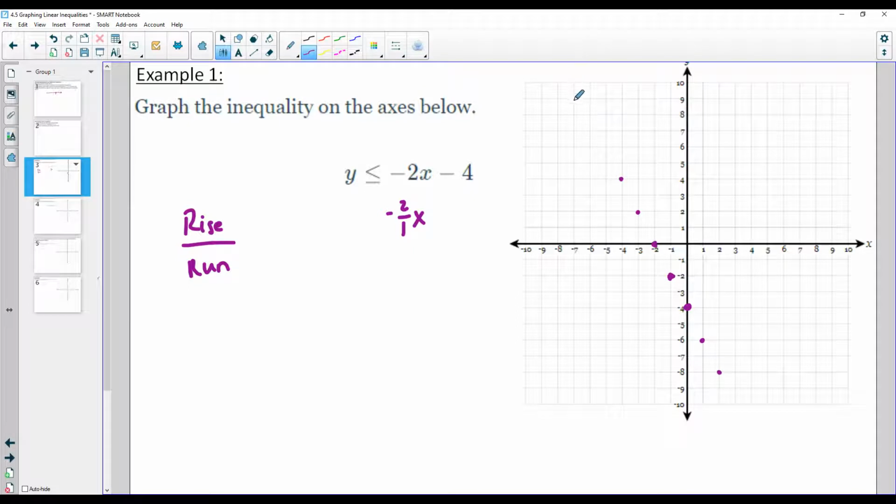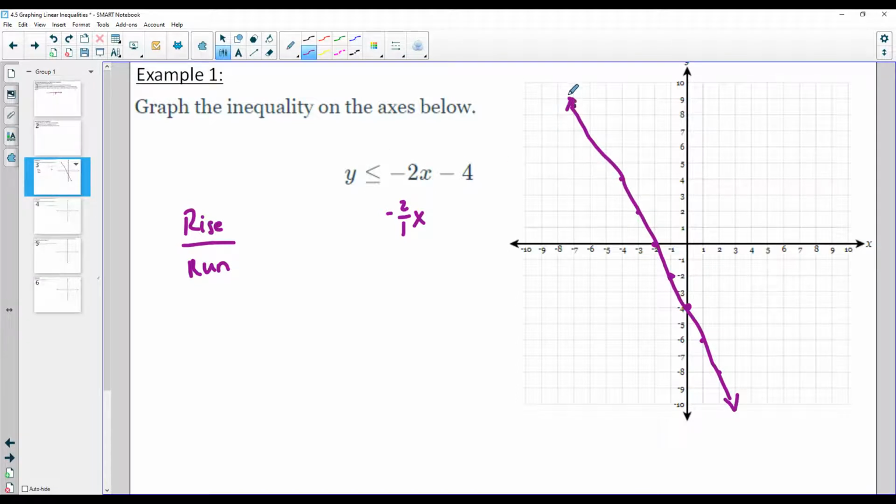Now I'm going to draw my line, and it's going to be a solid line because it's less than or equal to. Since we have this or equal to, we know that this is going to be a solid line, and I'm just graphing it as best I can freehand, but it'll be nicer on Delta Math. And then lastly, we need to pick where to shade. Since we have y is less than, here's the line, -2x minus 4, and we want the y values less than that.